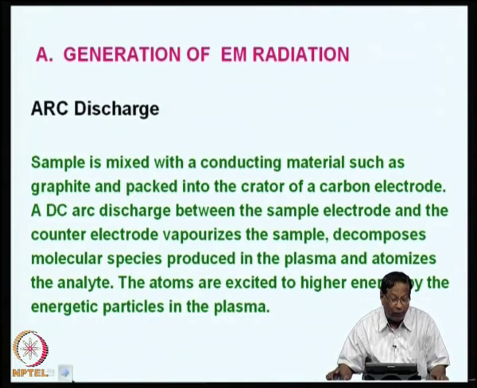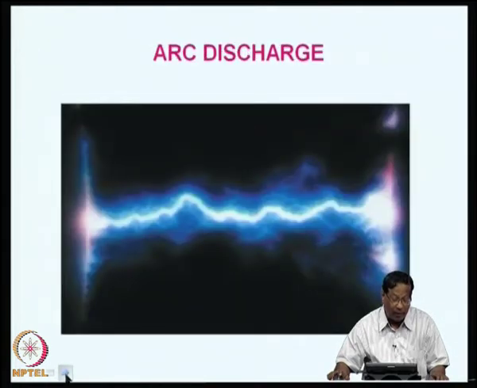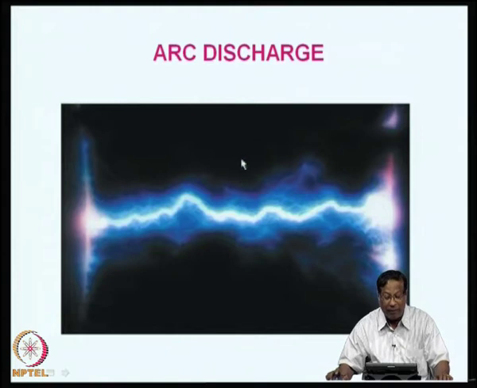This is one way of generating the high energy particles in the plasma. This is a simple example of how the electricity gets conducted. This is an electrode, this is an electrode. You bring them together, apply very high current, and you will see that the plasma is generated and a high temperature zone is created.